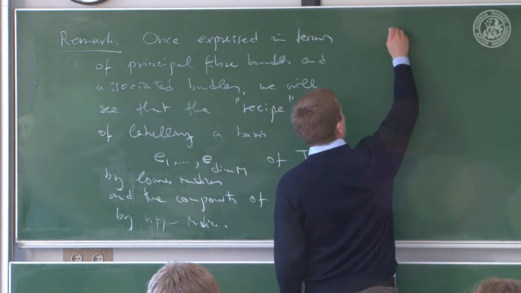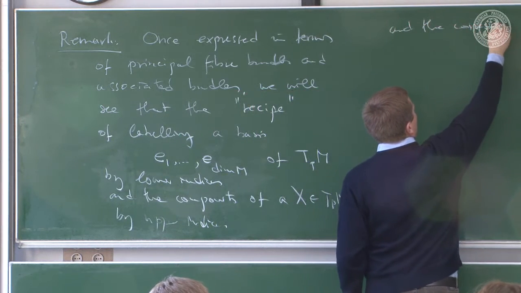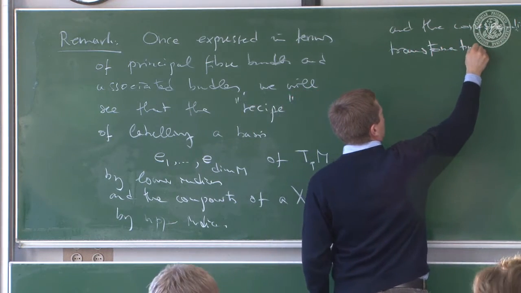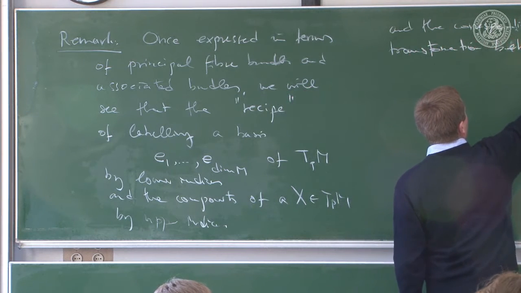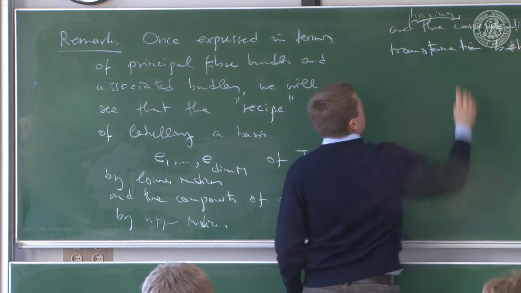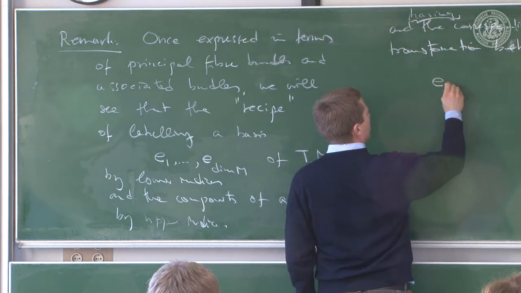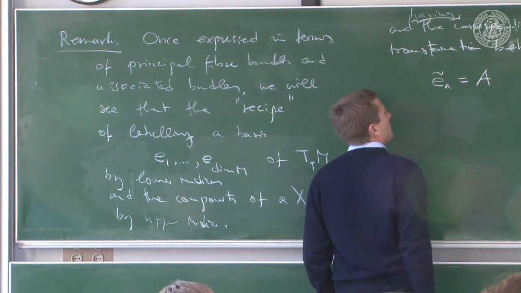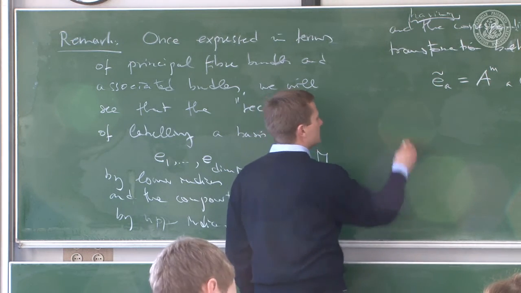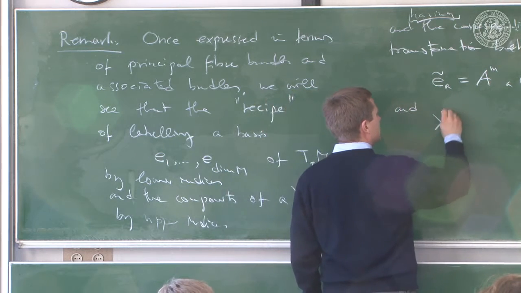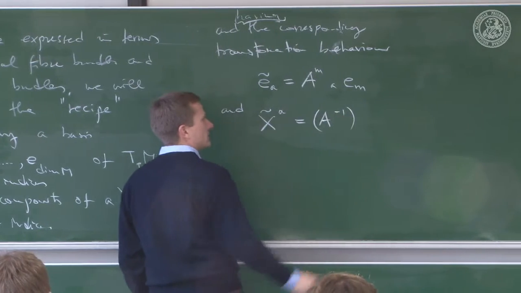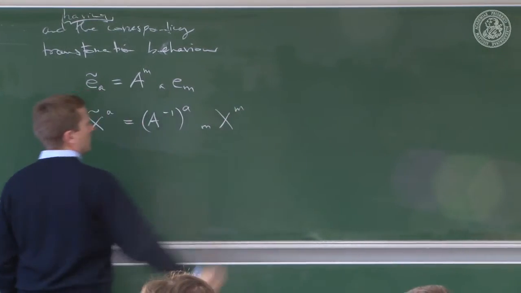and having the corresponding transformation behavior, that if you define a new basis by some matrix A, E tilde M equals A E M for all the basis vectors, you correspondingly have that the new components of a vector are given by precisely the inverse of such a transformation, right?